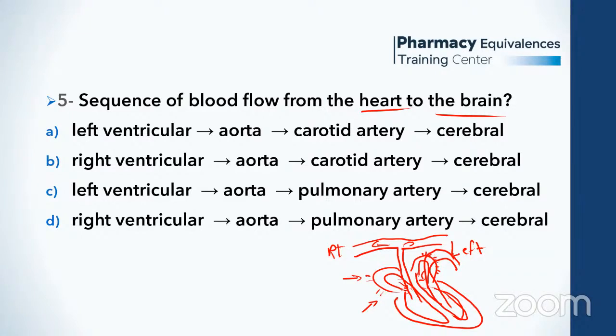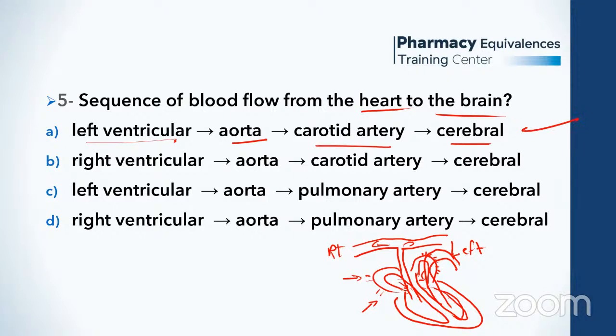Okay, so let us see the sequence for all of those and let us see which is right. From left ventricular chamber to the aorta, yes, this is a right sequence, to the carotid artery, to the cerebral, yes, right.